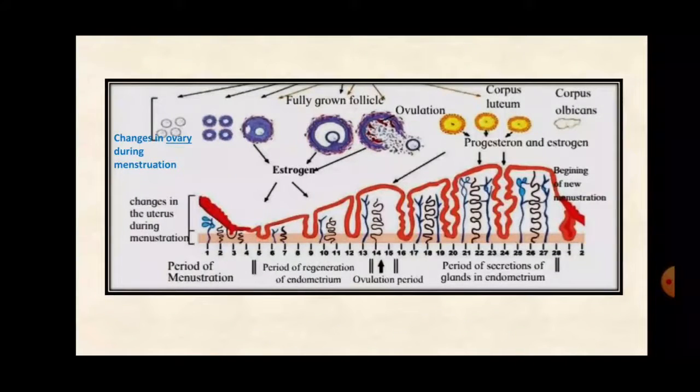Further, let us see how this follicle develops. It develops under the influence of follicle stimulating hormone. Remember students, I told you this is a hormonal cycle which is totally influenced by hormones. So when the follicle stimulating hormone stimulates the follicle, the follicle along with the oocyte starts to develop.